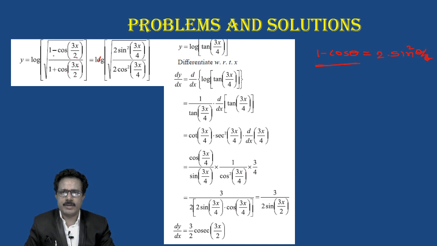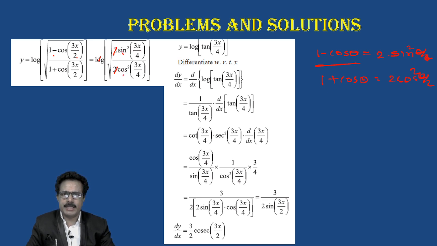Similarly, for 1 plus cos theta we have to use another formula. 1 plus cos theta is equal to 2 into cos square theta by 2. Then this is the formula for the trigonometric functions, 1 minus cos theta upon 1 plus cos theta. Now this 2 gets cancelled. Sin square theta upon cos square theta, the angles are the same.